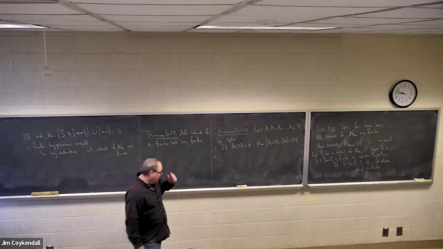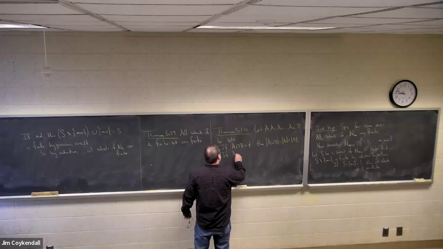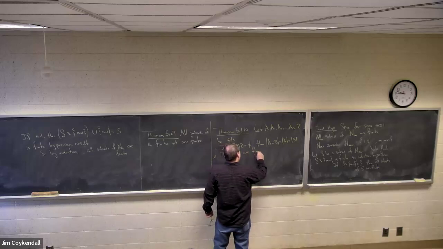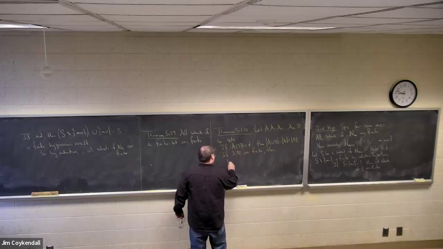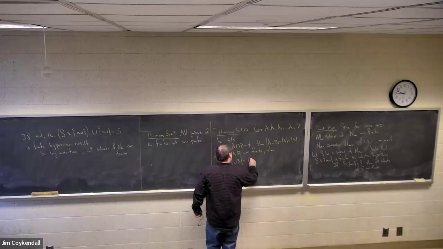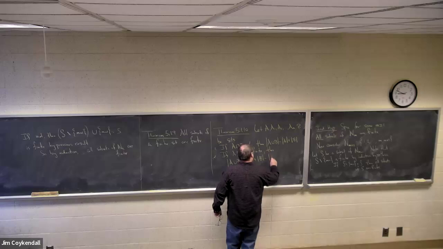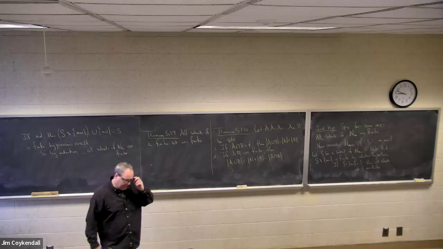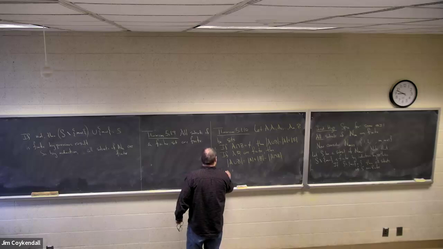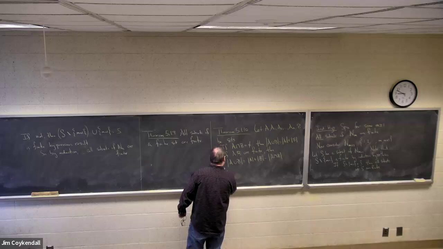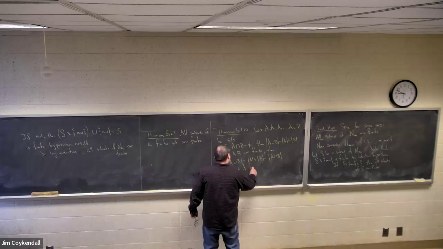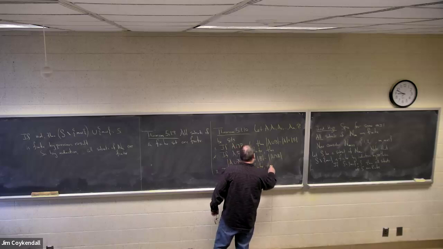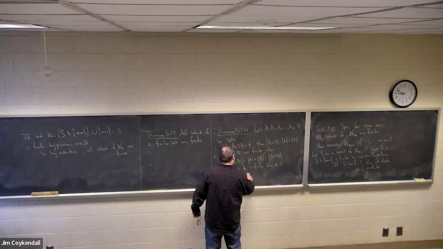In general, if A and B are finite, then, like this, and the union, if each A_i is finite, and so is the union.